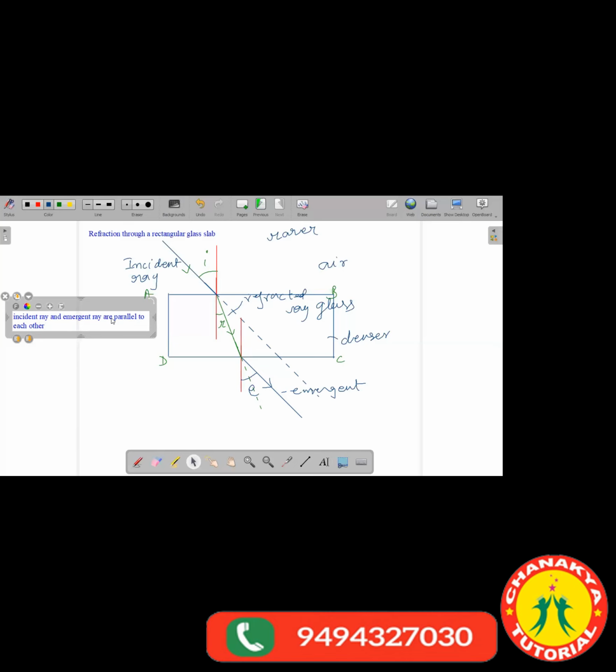So the first thing is that the incident ray and emergent ray are parallel to each other, and also you will find that the angle of incidence is equal to the angle of emergence.